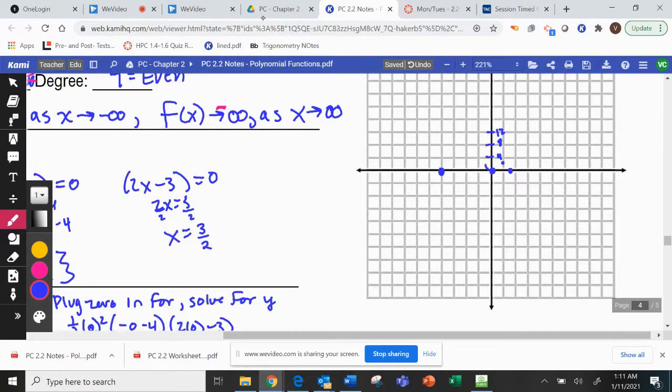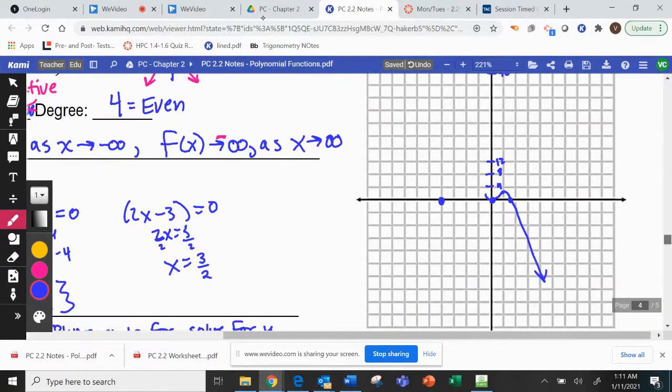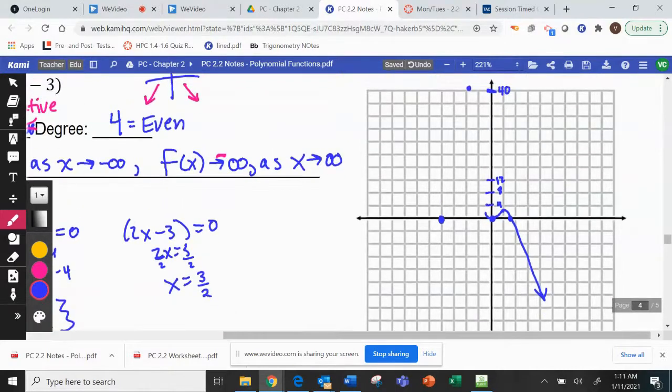And then we have a minimum right here at 0, 0. We've got a maximum way up here. So we're going to do our best to connect those and draw it. Okay, I was not happy with what I just did.